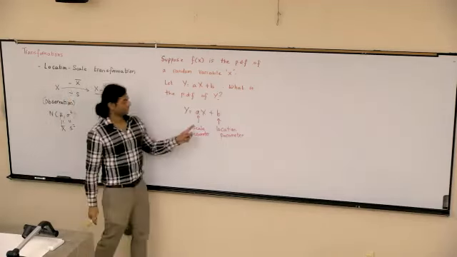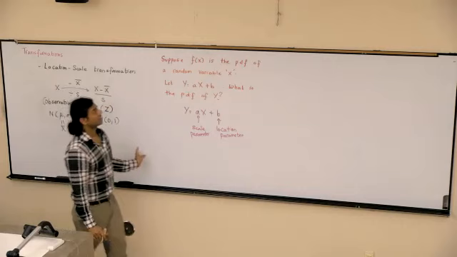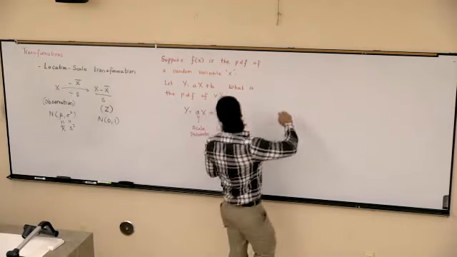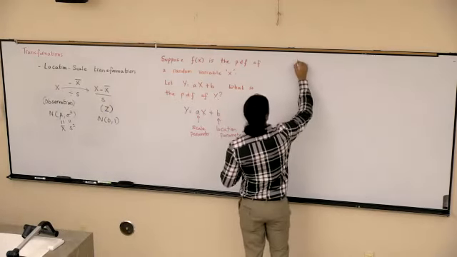So you're scaling the random variable X by a value, and you're shifting it around, so you're changing the location by B. So, location and scale. So how do we find the density of Y?